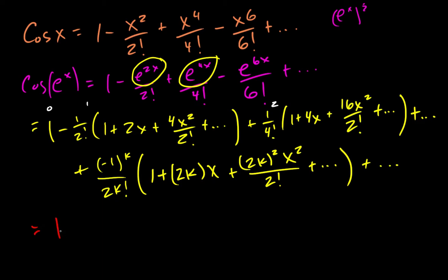So we get 1, and this part is going to be, actually what I'm doing, taking this and I'm distributing it, and we just need the first two non-zero, so we need the 1 and the 2.